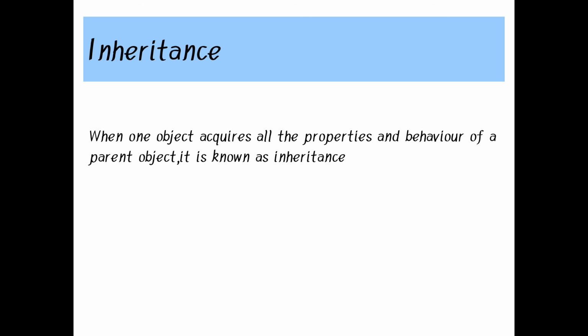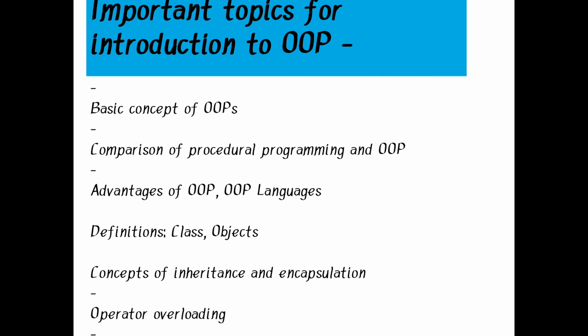Now let's have a look at some topics which are very important from exam point of view, and we have to cover them. The first one we must read is the basic concept of object oriented programming language. The second is procedural programming, and OOP means object oriented programming.